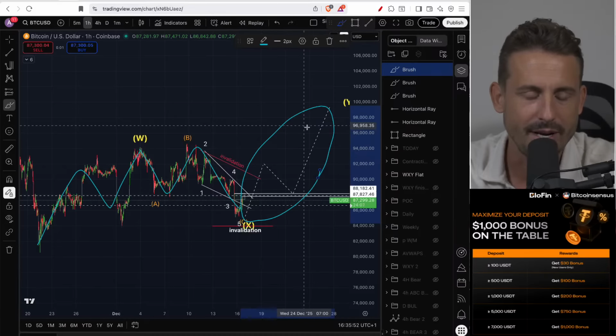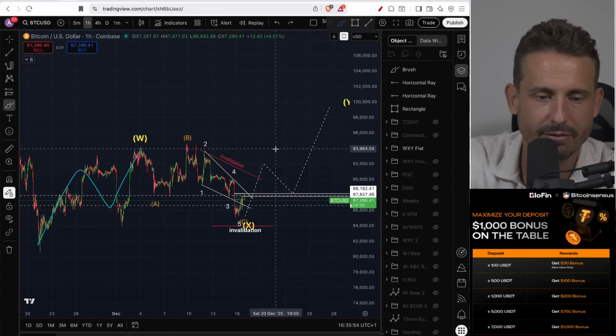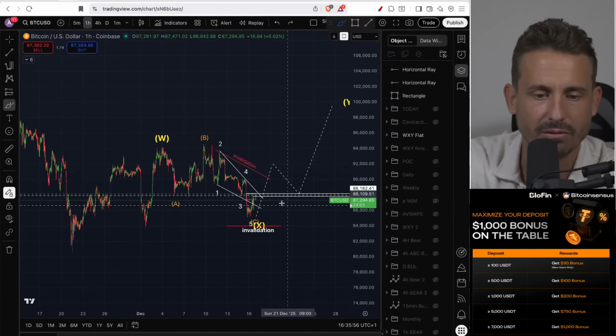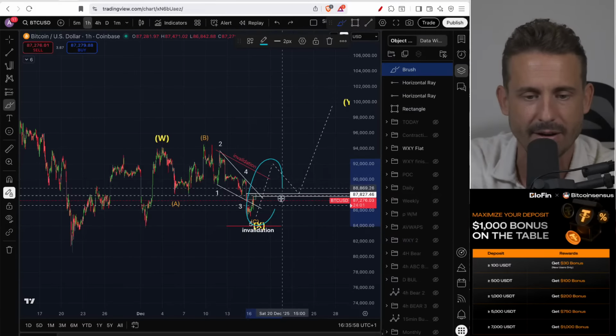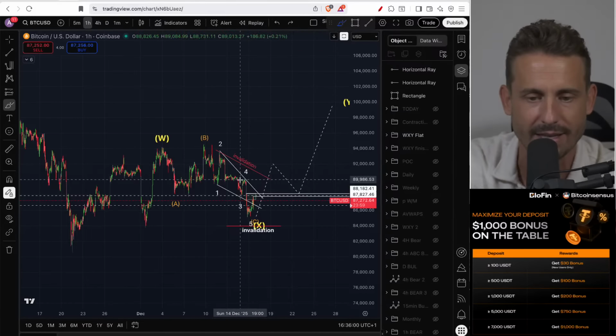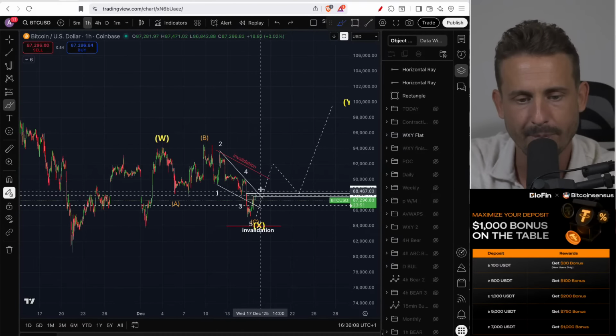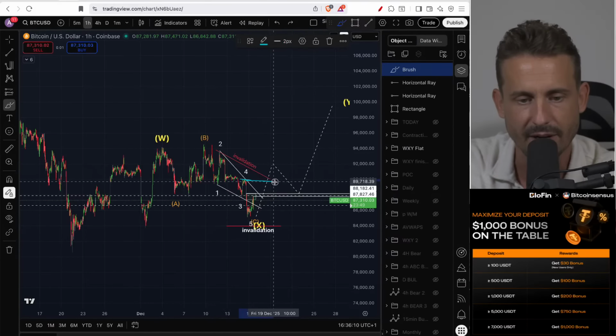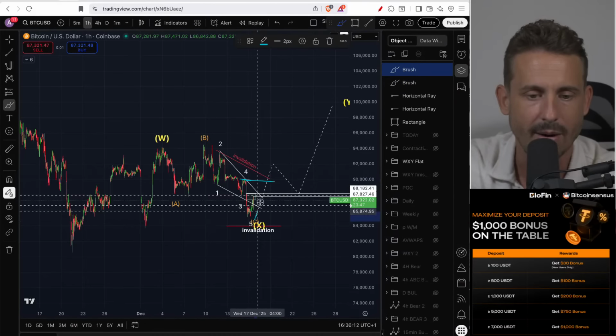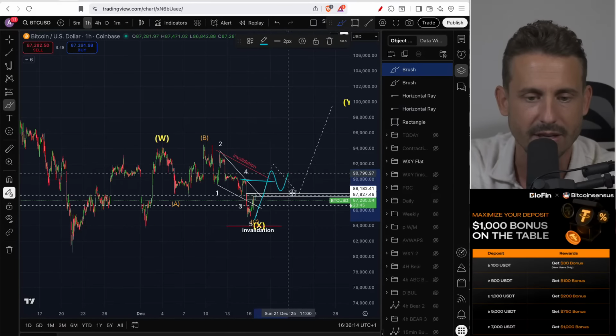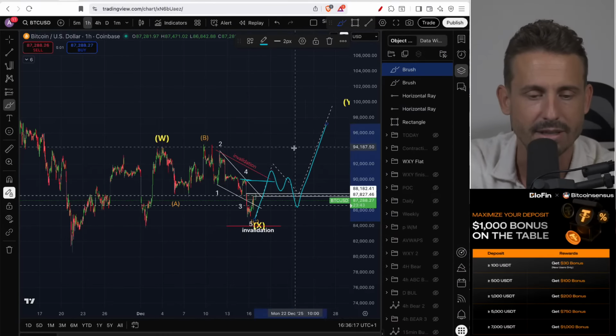we need a bit of structure here on the higher time frame to consider a swing long. You need that bounce, you need that 5-wave move up, you need to get above 90k, which is your invalidation for the multiple 1-2s here, which are getting smaller. You need to get above this last lower high. That's the moment where we could give a chance for the double zigzag.